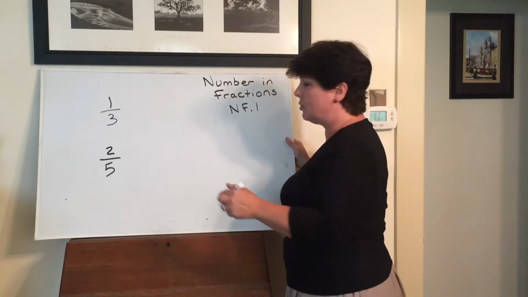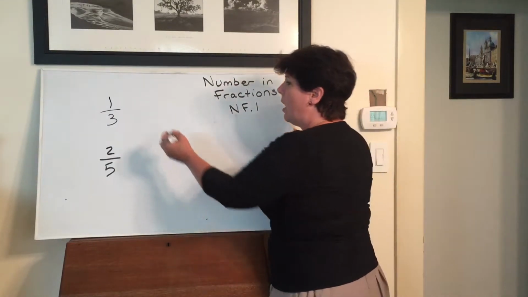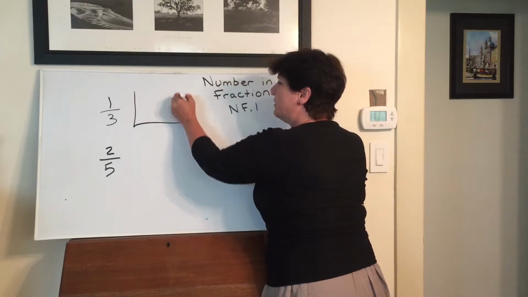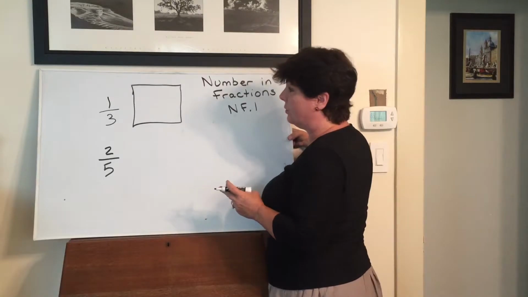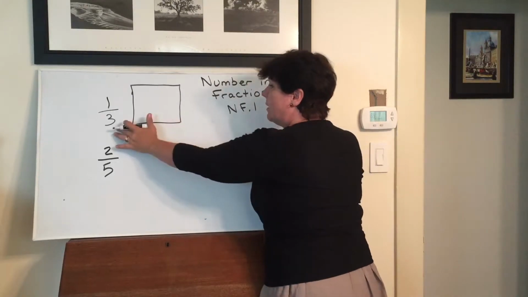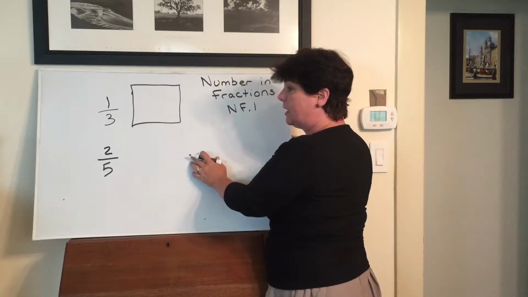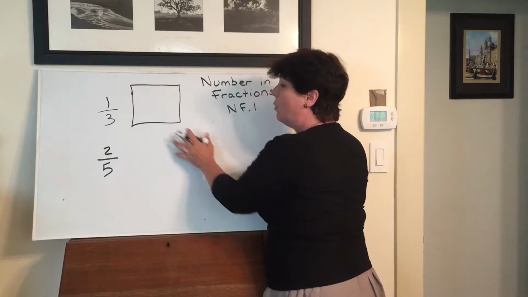But for these two fractions, since the denominators are not the same, I want you to cut the fractions up differently because the denominators are different, and that way it's easier for me to talk about them. So for this one, I'm going to say, okay, how many pieces do I need to cut it into? 3, because that's what I would have if I had a whole one, but I don't.